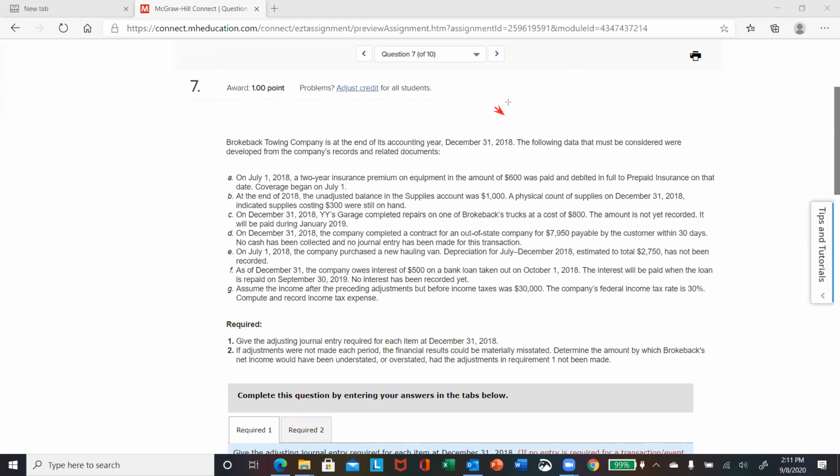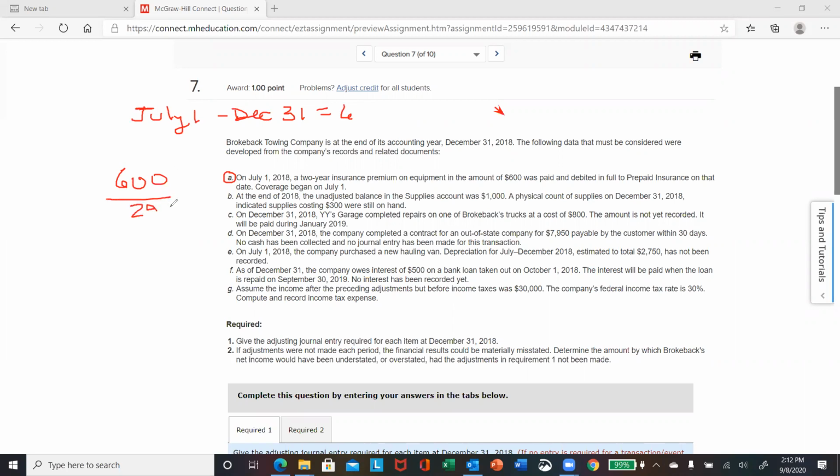So on the first one, we got essentially a time period. I'll write this one out. So you've got July 1st through December 31st. So we know that's going to be 6 months of adjustment on that first one. So the adjusting entry, of course, it was $600. It's a 2-year policy.